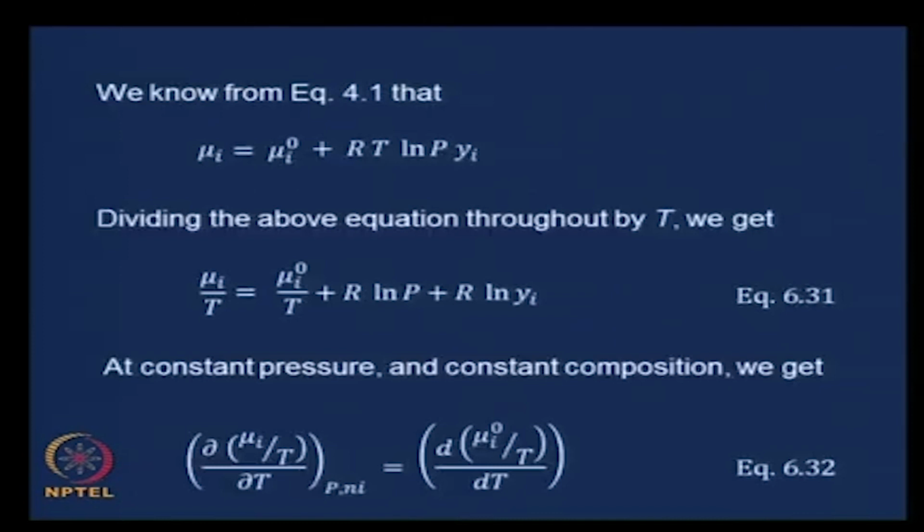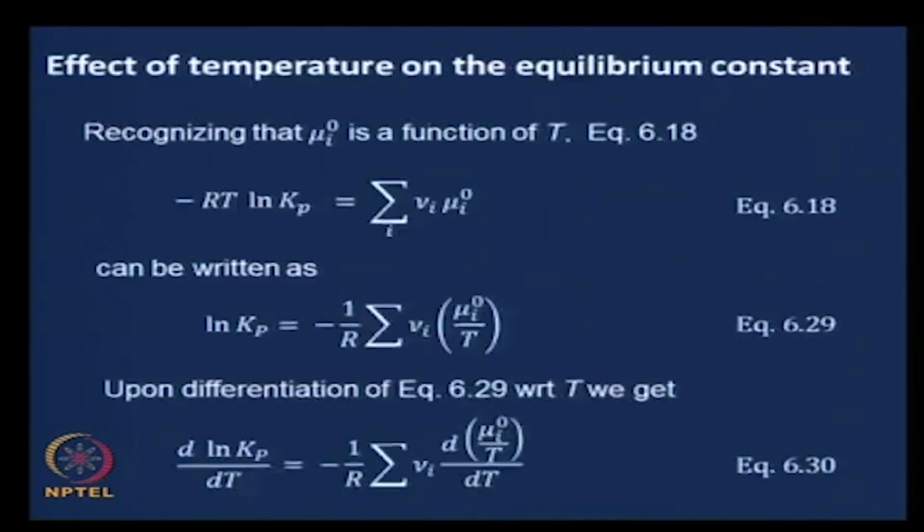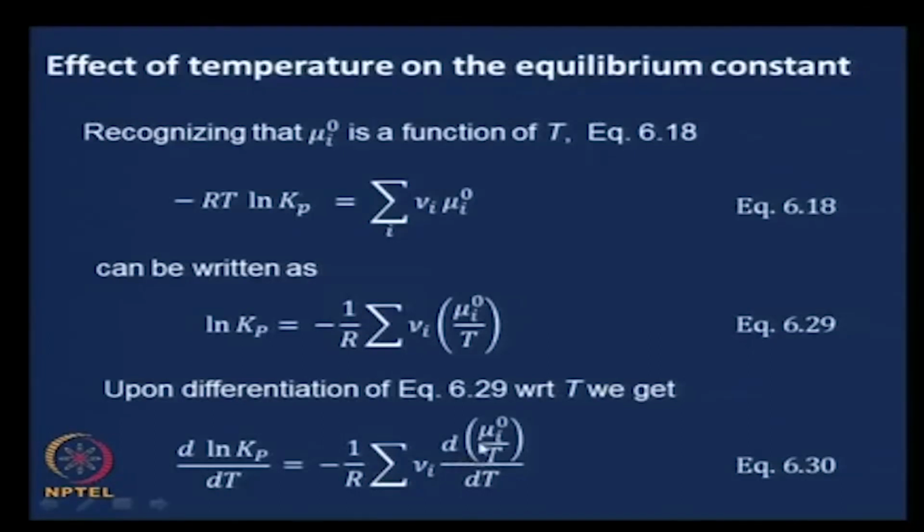Equation 630 was this, d ln Kp/dT equals minus 1 by R sum over ν_i d/dT of (μ_i°/T). Now, we have a relationship for d/dT of (μ_i°/T) in terms of the molar enthalpy itself, that was minus H_i/T².